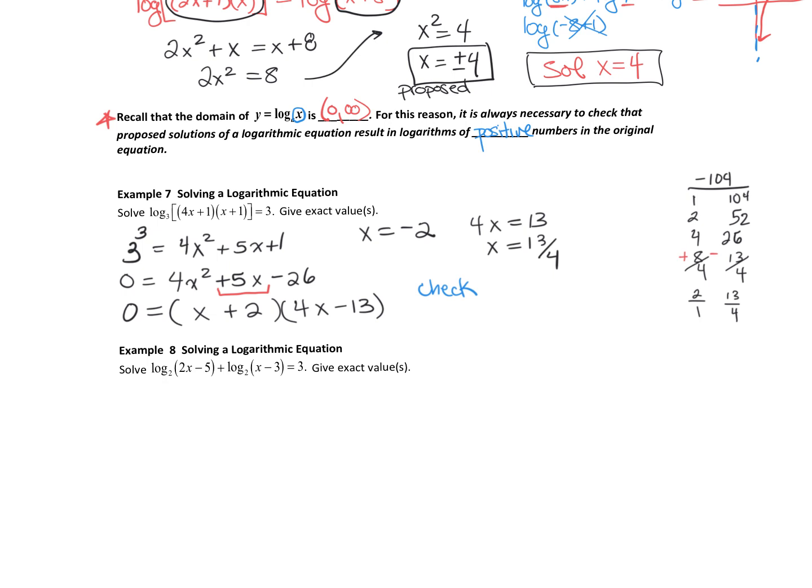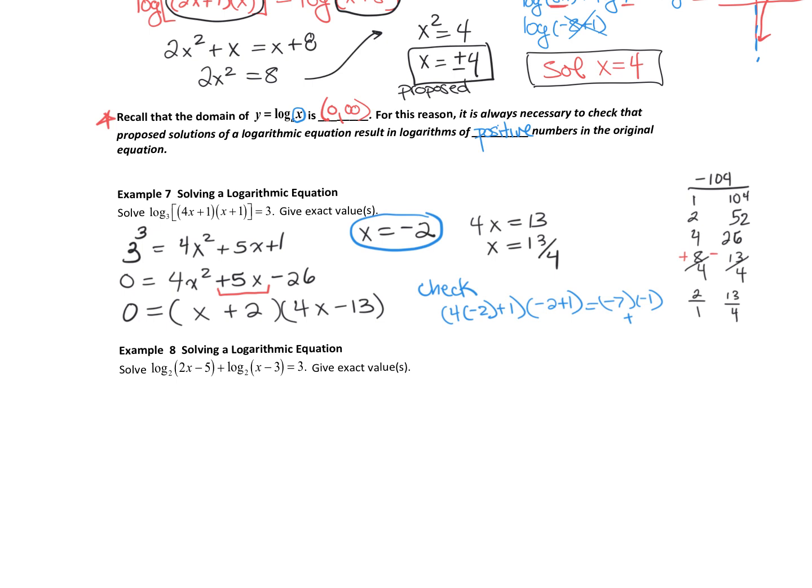And so let's check. Does (4 times negative 2 plus 1) times (negative 2 plus 1), is this a positive value? So we have negative 8 plus 1, or negative 7, times negative 1, that's positive. So we're good with the negative 2.